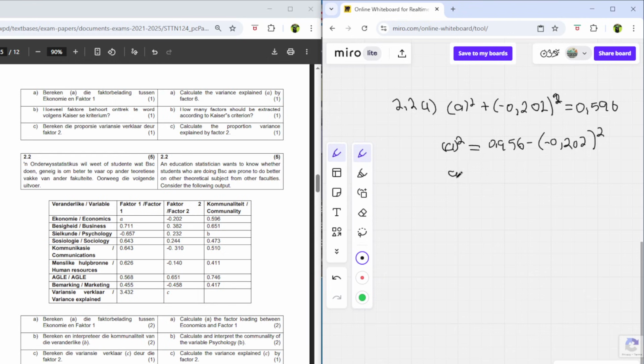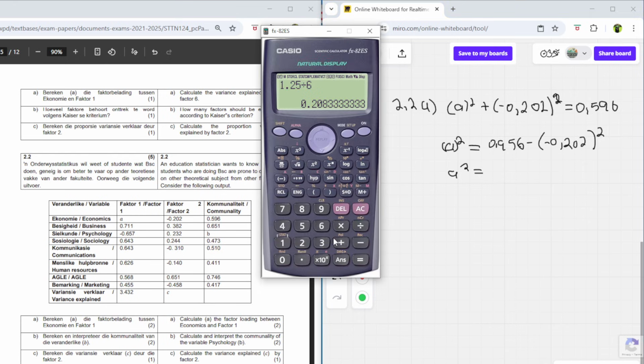Now a squared is equal to, then you can put this on the calculator at the same time: 0.956 minus 0.202 squared.